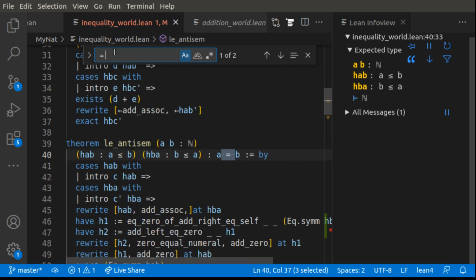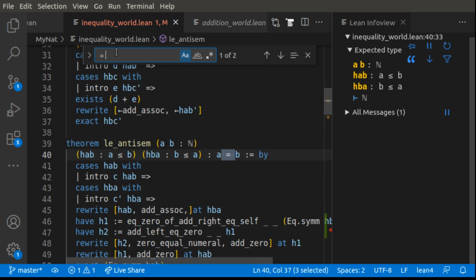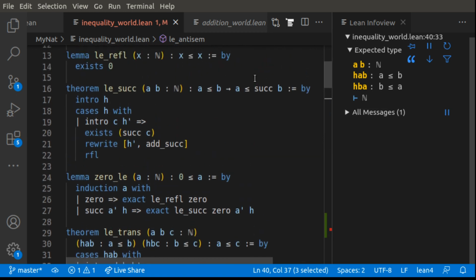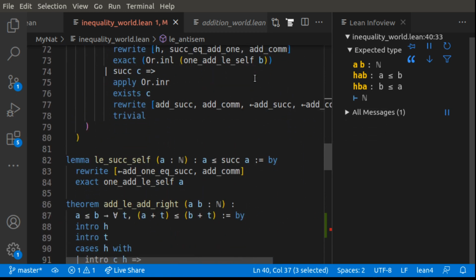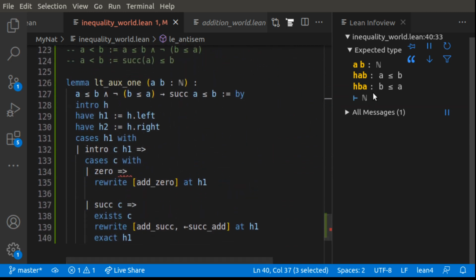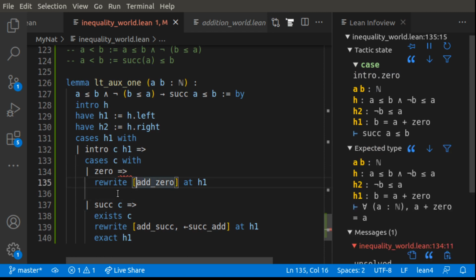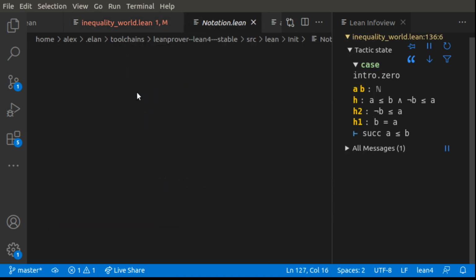Less than or equal to 0. So now what I want to do is, I guess we can do the add 0 on the left side to B. We do B plus 0 equals A, flip it, and then use our definition of less than or equal to.